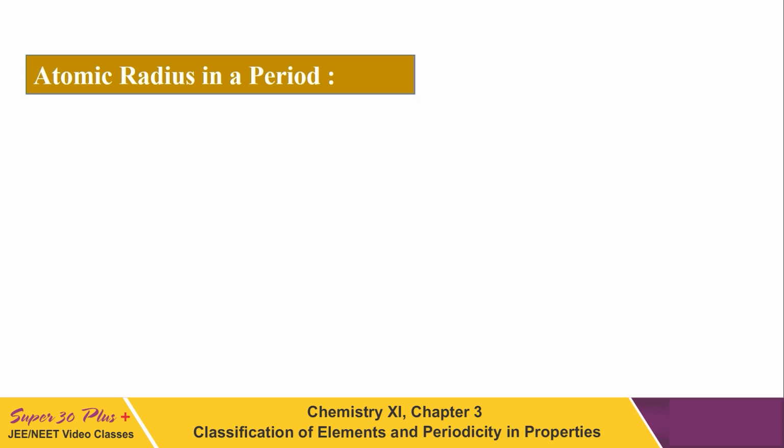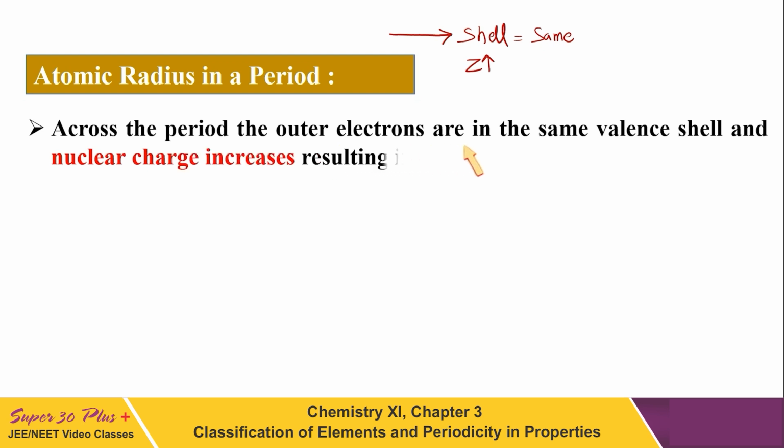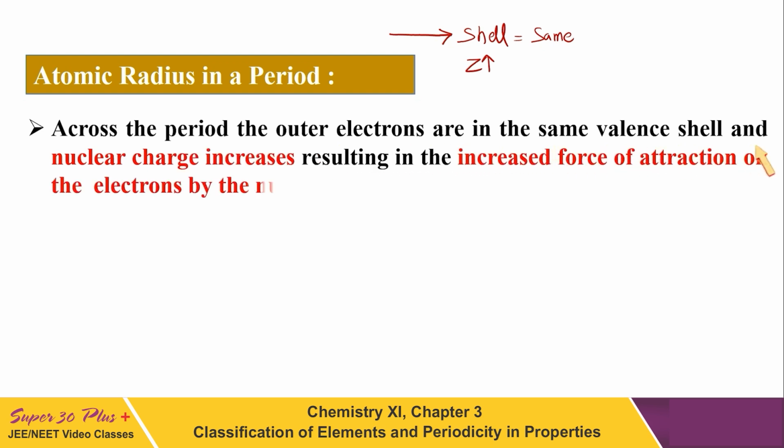What do you think? See, when we go left to right in the period, the number of shells remains the same, but the atomic number increases. Because of the increase in atomic number, there is a continued increase in the nuclear charge. So across the period, outer electrons are in the same valence shell and nuclear charge increases while the shell remains the same, resulting in an increased force of attraction on the electrons.